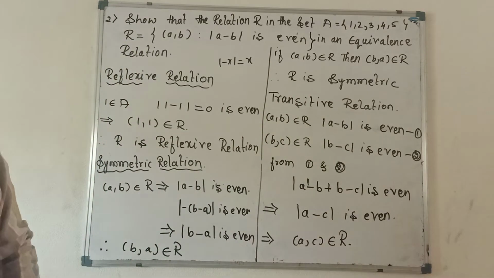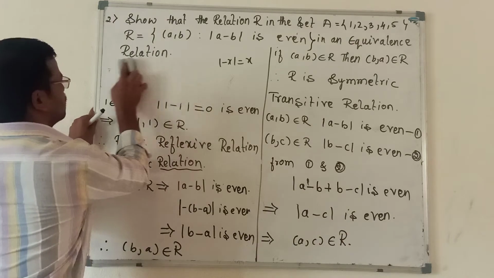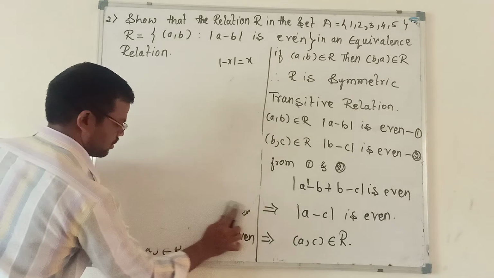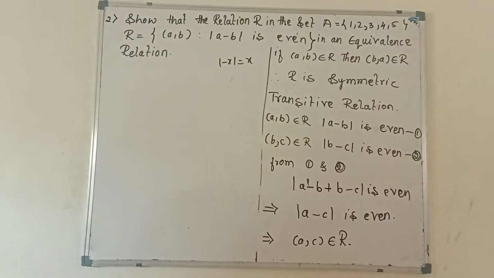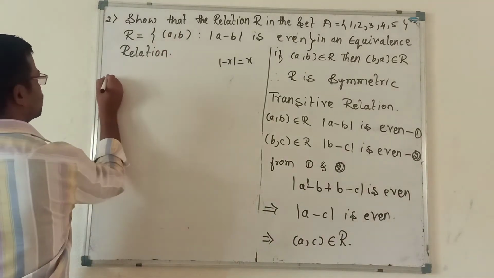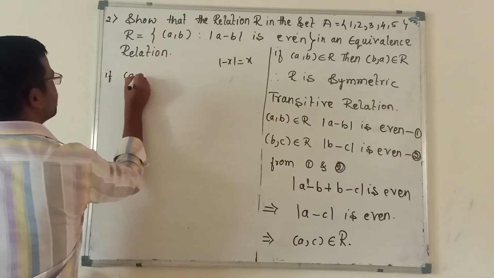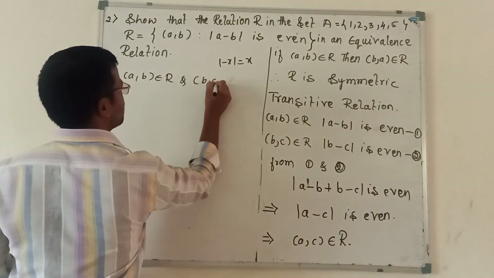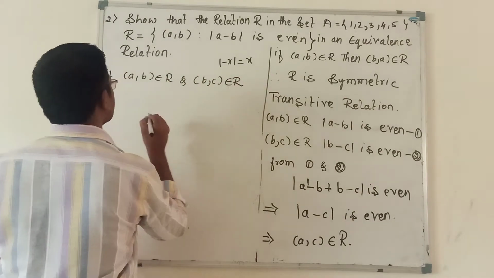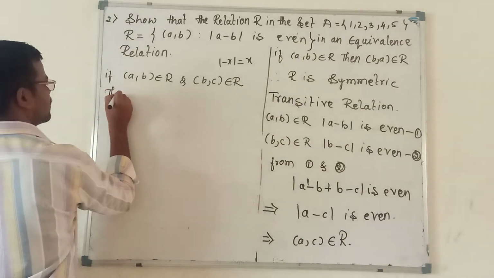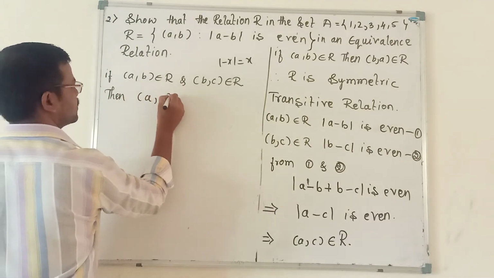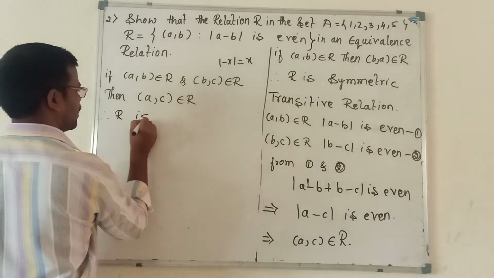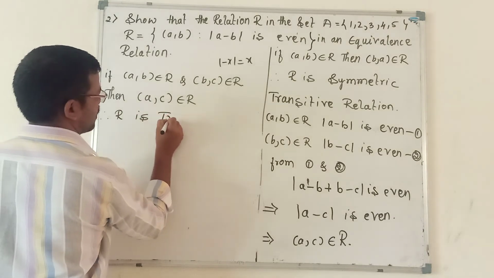So if (a, b) belongs to R and (b, c) belongs to R, then (a, c) belongs to R. Therefore, R is a transitive relation.